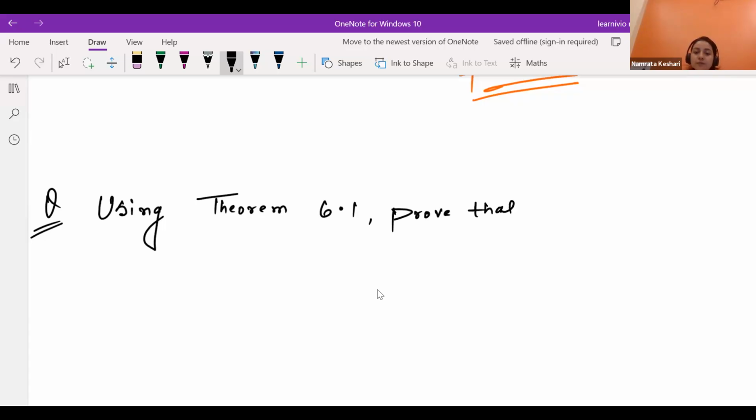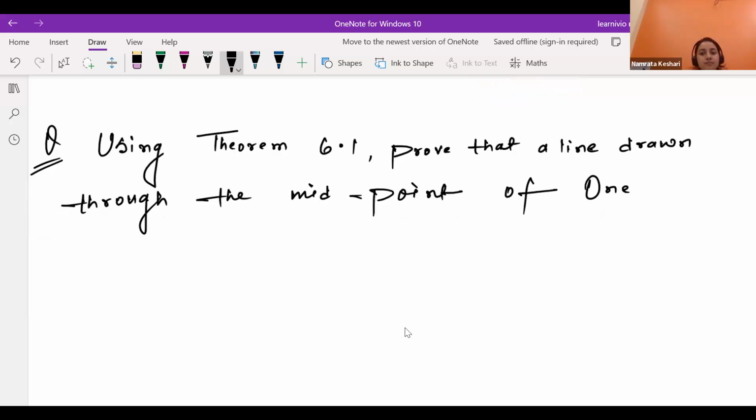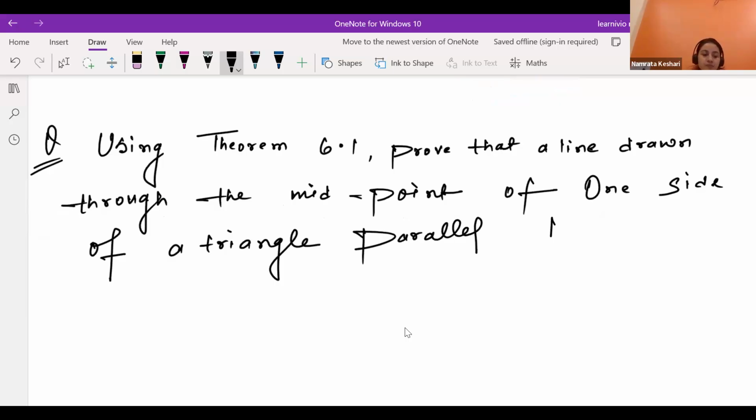To prove that a line drawn through the midpoint of one side of a triangle parallel to another side bisects the third side.